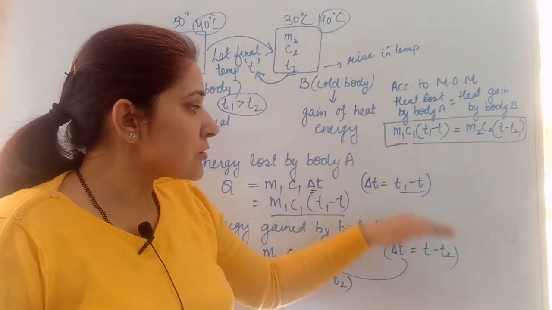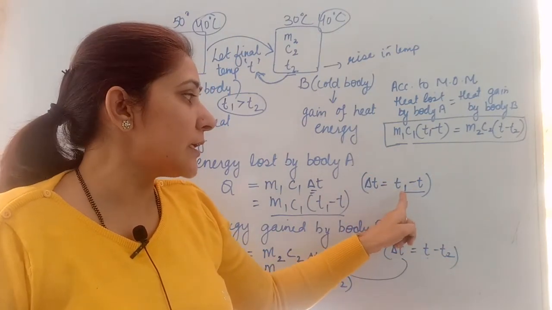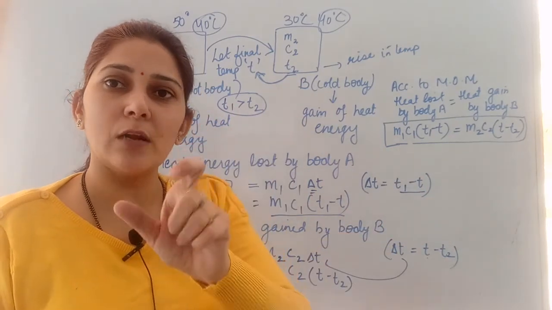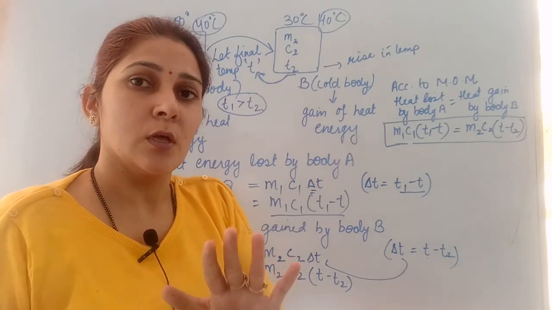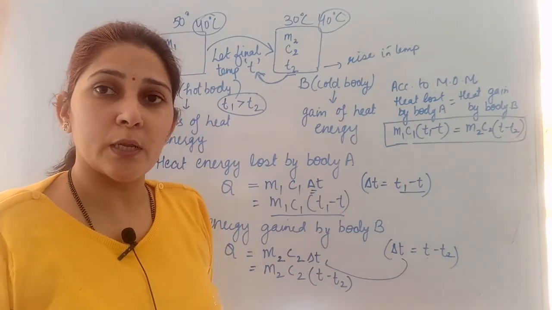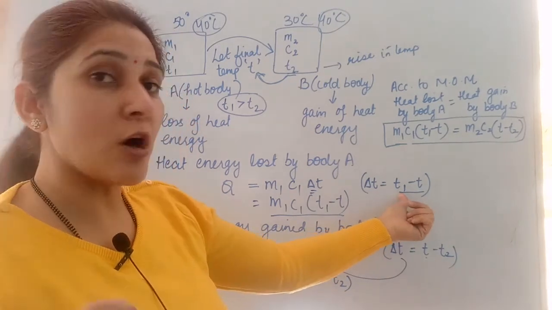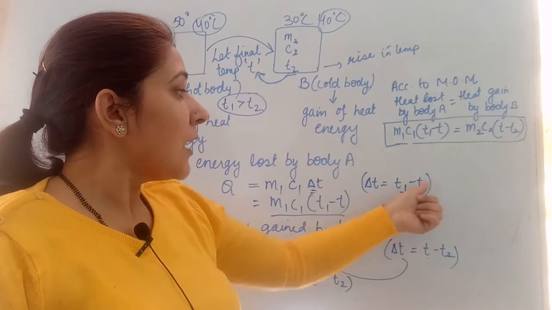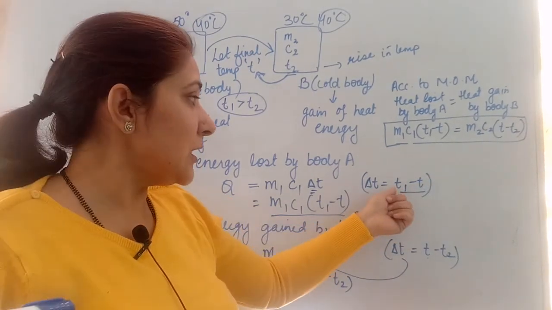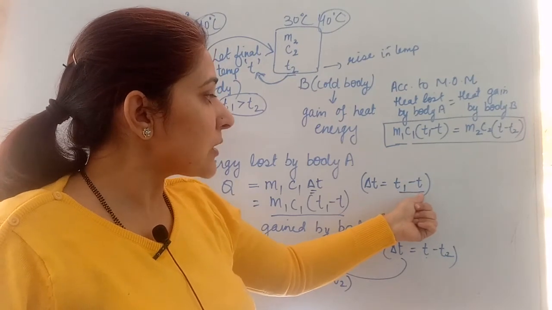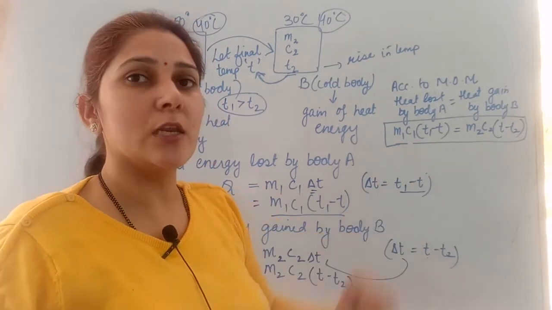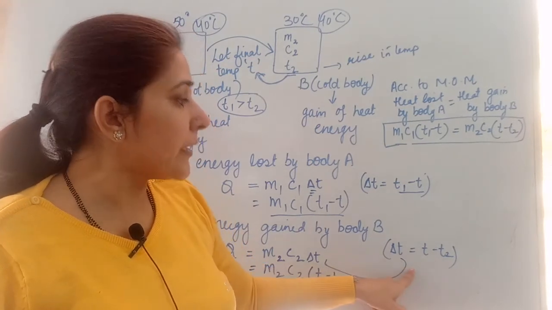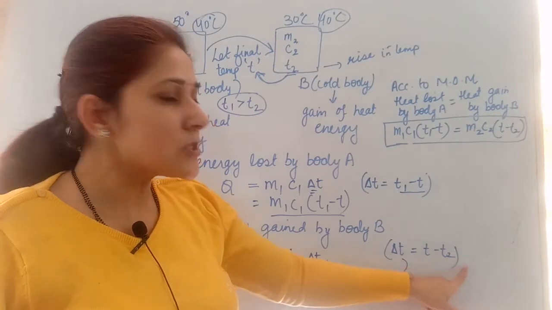These two things must be learnt carefully: why I wrote T1 minus T and why I wrote T minus T2. Always the smaller value is subtracted from the larger one. When heat is lost, the temperature is reduced: this was the initial temperature and this the final after mixing, so the bigger value is the initial and the smaller the final. When heat is gained, the final temperature has risen, so it is larger and the smaller initial value is subtracted from it.